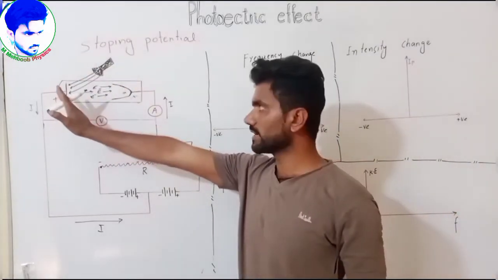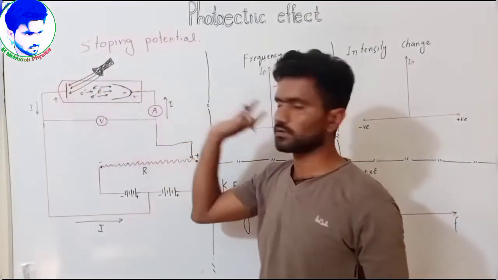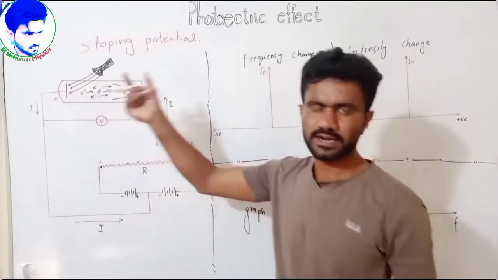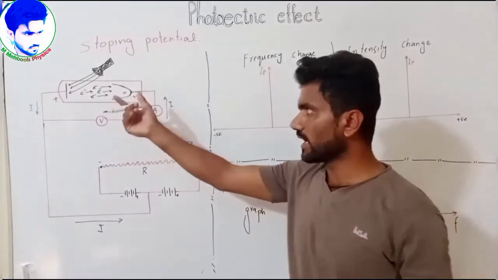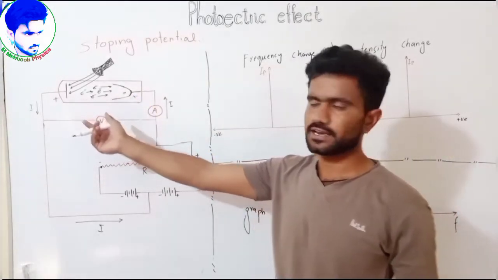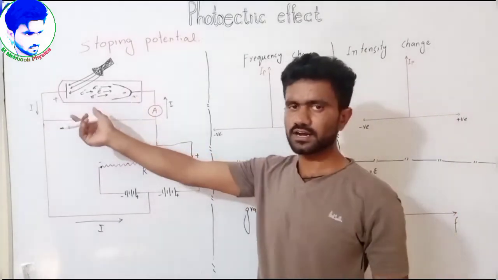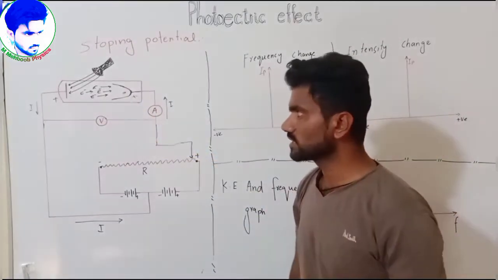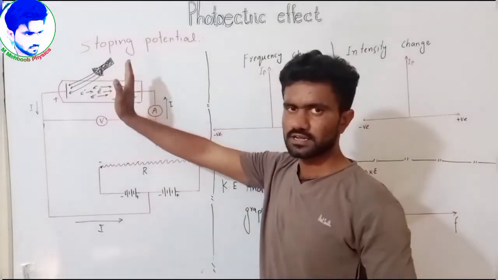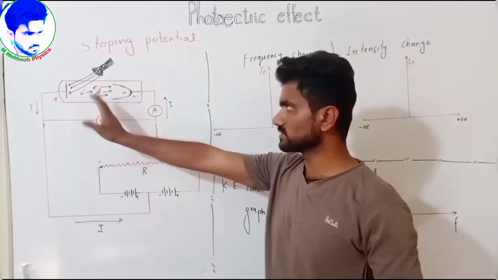When light shines on that metal surface, electrons are ejected from that metal surface, and every photoelectron, that I have told you previously, is emitted with different kinetic energies, and some of them have greater kinetic energies and some of them have smaller kinetic energies.